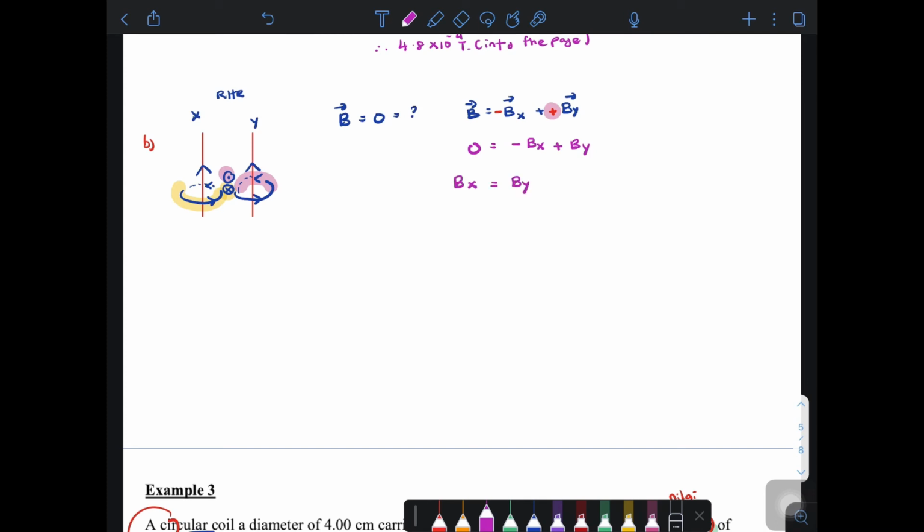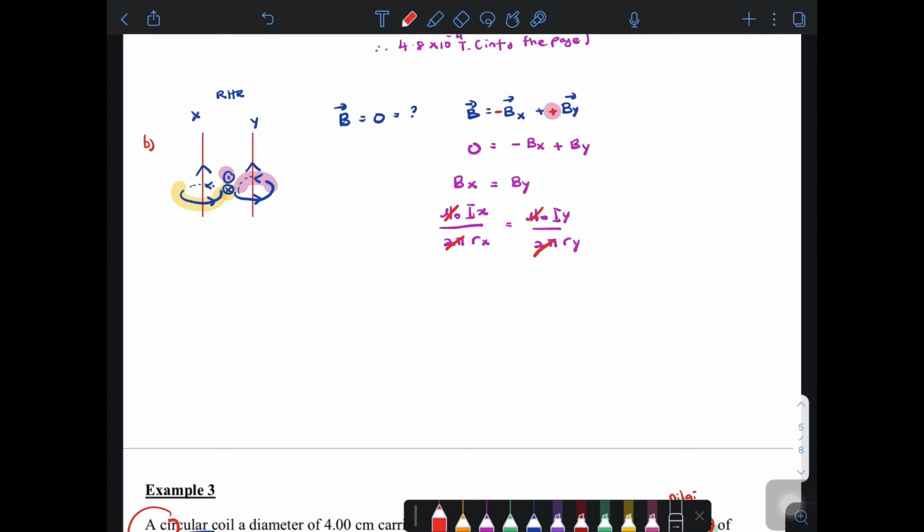For long straight wire, nilainya B, formulanya ialah mu naught IX over 2 pi Rx equals to mu naught IY over 2 pi Ry. Okay. So ada dua benda yang sama yang kita boleh cancel. Mu naught ialah sama, 2 pi juga sama.